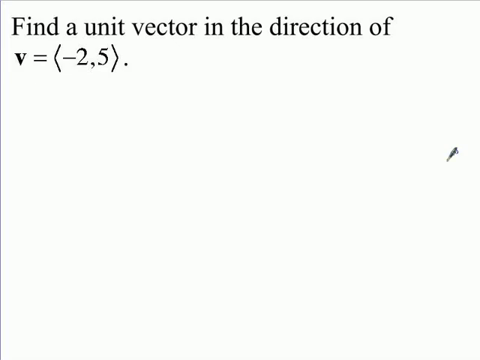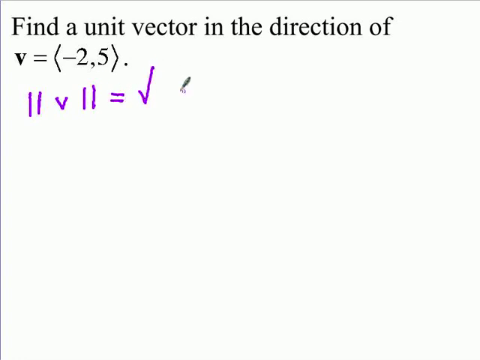Alrighty, so it says find a unit vector in the direction of v equals -2, 5. So the first thing I'm going to find is what the magnitude of v is.